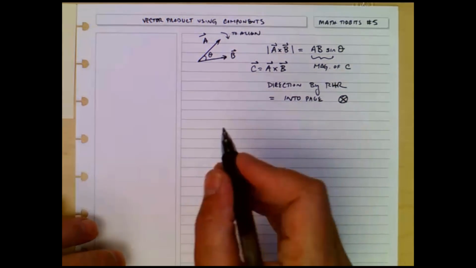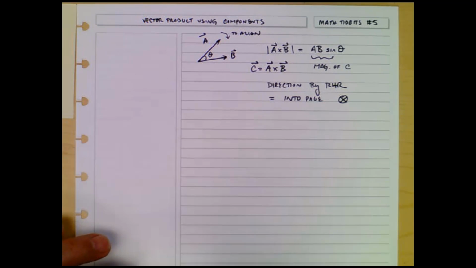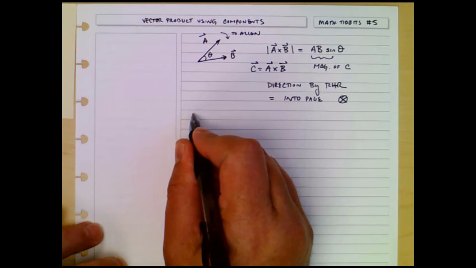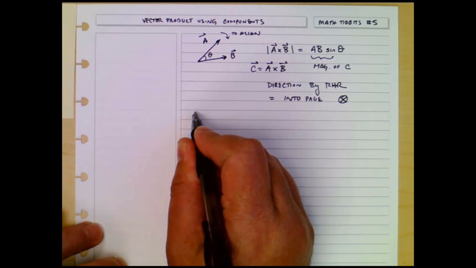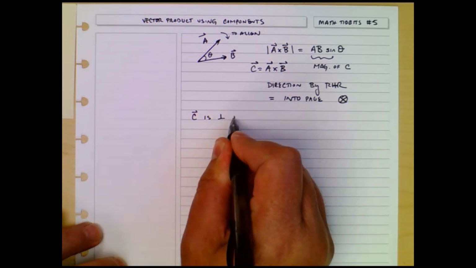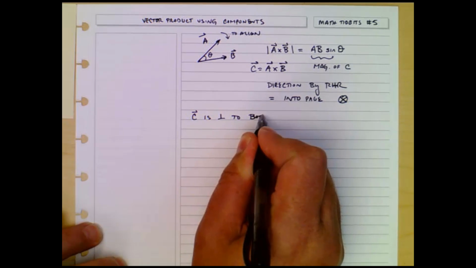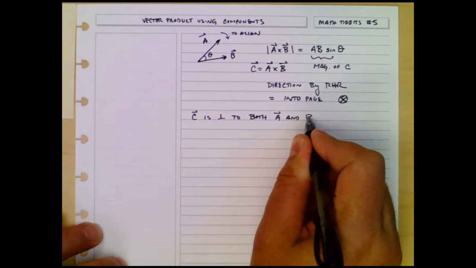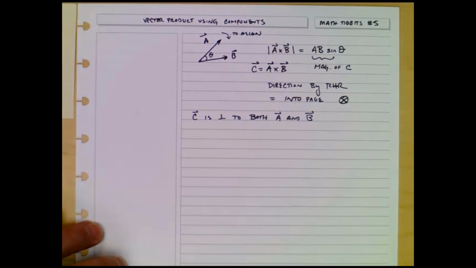A couple of general things that I perhaps neglected to mention in the previous video is that the cross product is perpendicular to both A and B. A and B define a plane, and C is perpendicular to that plane.